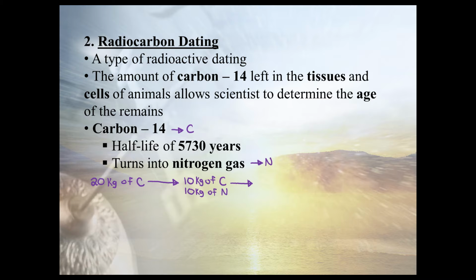So 1/2 the mass of carbon, if you have 10 kilograms of carbon, would be 5 kilograms of carbon. If you have 5 kilograms of carbon, then you'd question, okay, if I started with 20 and I have only 5 kilograms of carbon left, what happened to the other 15 kilograms of carbon? Well, it decayed into that other element. So that other element would be 15 kilograms of nitrogen.